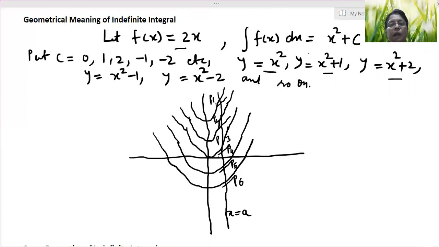And if you draw a line parallel to y axis, x is equal to a, and this line and curves are intersecting at the point P1, P2, P3, P4, P5 and P6, right? ये इतने पॉइंट्स पर इंटरसेक्ट कर रही है बच्चों.